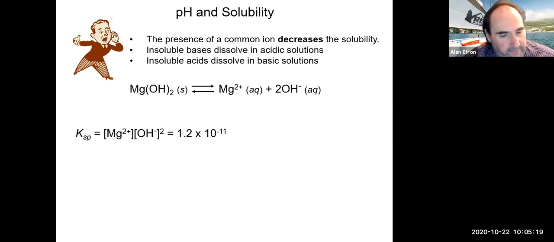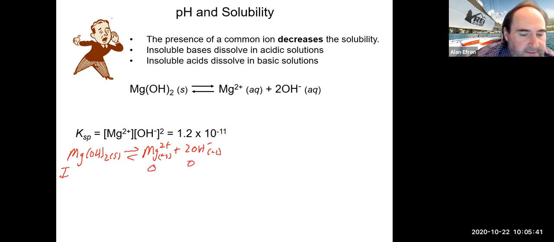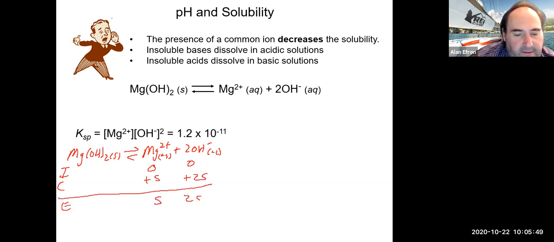And if we do our Ksp calculation here, we have our magnesium hydroxide going to magnesium plus a couple of hydroxides. And if we did our ICE table here, this would be 0, 0. Our change would be plus S, plus 2S, and at equilibrium, we would have S and 2S.